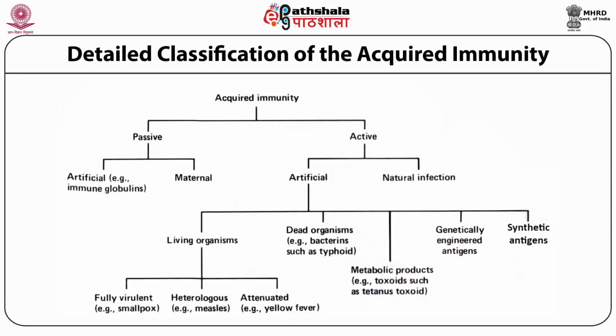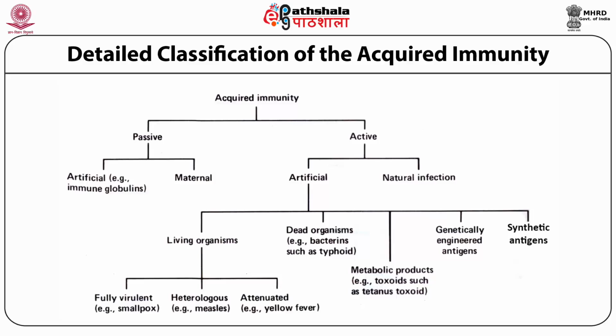This figure gives us the detailed classification of the acquired immunity and provides a clearer picture of the various ways the acquired immunity may be obtained. Protection of the fetus by maternal antibodies or by administering artificial immunoglobulins comprise the passive acquired immunity.